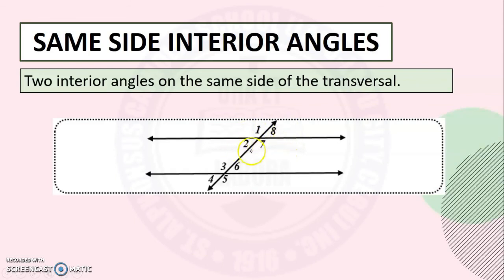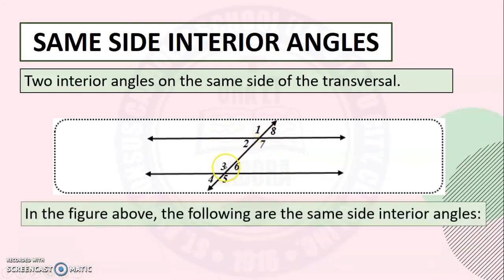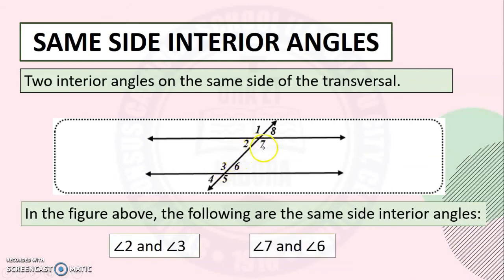So in this figure, 2 interior angles. So we will focus on the interior angles, which is in the interior part of the parallel lines. We have here the first pair, 2 and 3. They are on the same side. And also the second pair, 7 and 6. By the way, these 2 angles can be interchanged. You can have 7 and 6 or 6 and 7. They are still the same.